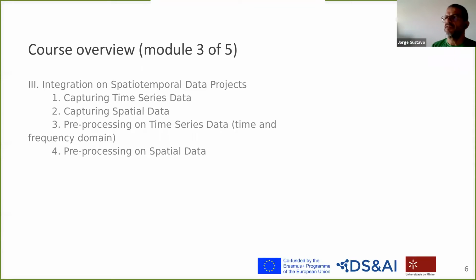So in this third module, the idea is for the students to go to Jupyter and use pandas and data frames and transform the data so they have the data as they need to run the algorithms on top of it. So the idea is to have many exercises here so the students feel comfortable pre-processing data and preparing data for spatial temporal data analysis.